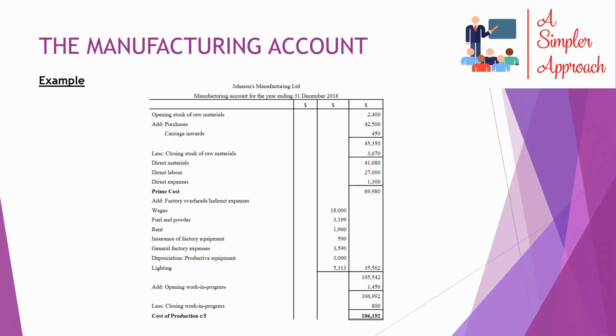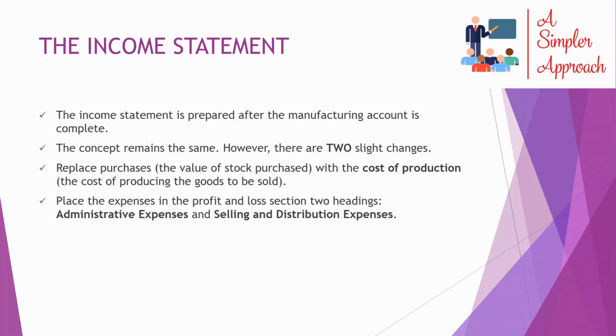This, my friends, is the manufacturing account. And the manufacturing account is primarily done to calculate the cost of production, which in this case is 106,192.